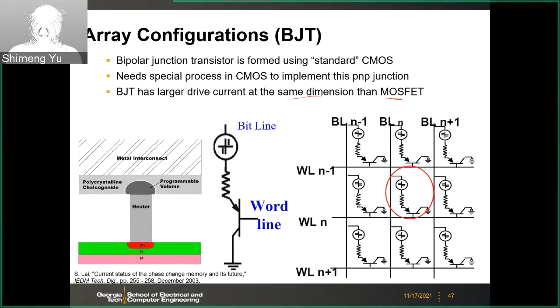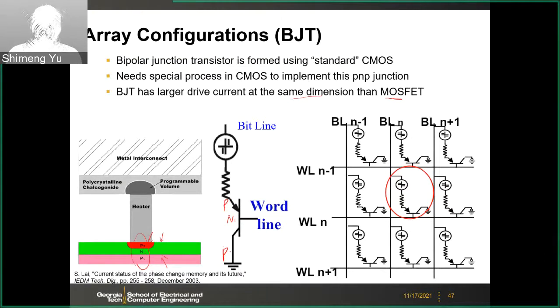And here I show this BJT. If you recall what a BJT is, it's a PNP, for example, PNP 3 junction, like P plus N P. So this is like an emitter, base, collector. I don't know if today's undergrad semiconductor courses teach BJT or not.